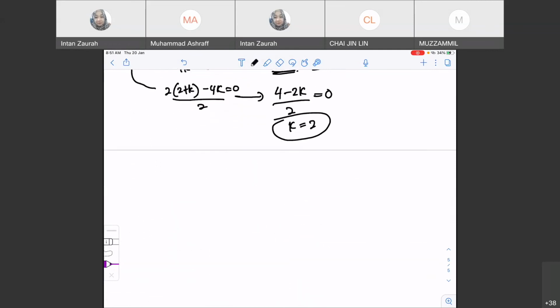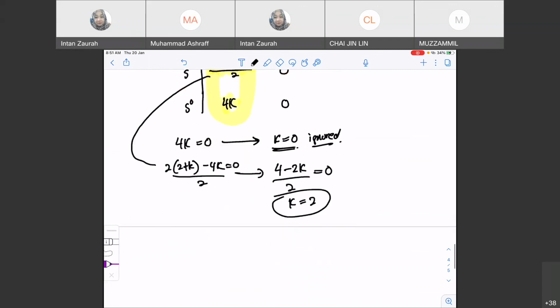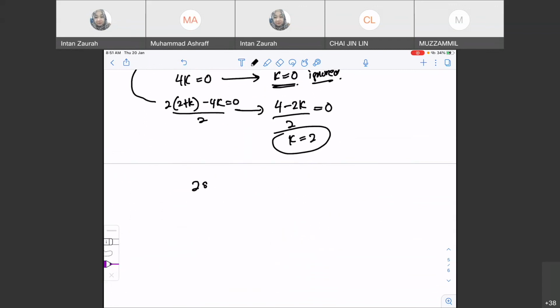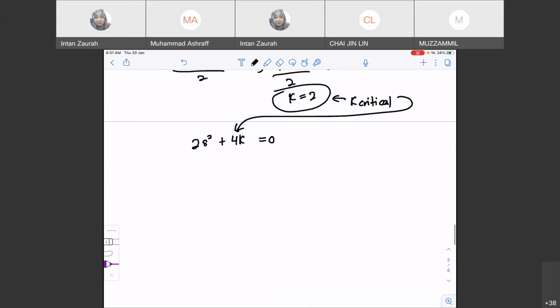So that will give me 2s squared plus 4k equals to 0. Then I'm going to use this critical value of k and substitute into this 4k here. Right, so I have 2s squared plus 8 equals to 0.